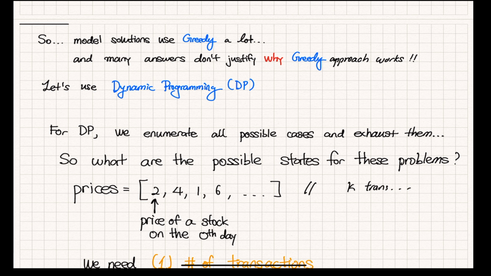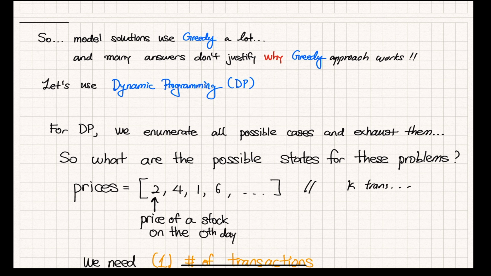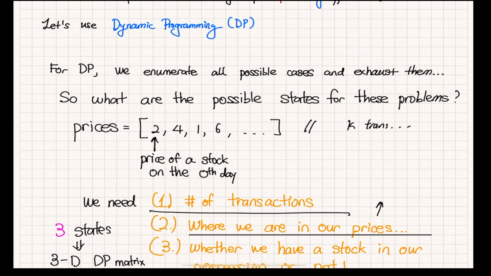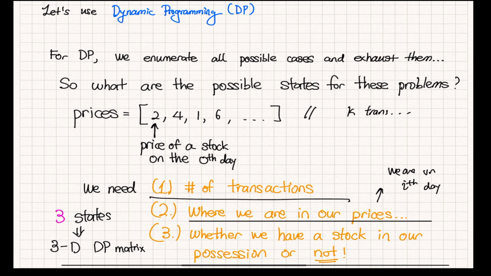And there's one more thing, right? On a given day, you can either buy or sell a stock. So we have 3 states to consider: the number of transactions, and where we are in our price array, meaning we are on, say, day i or day i+1. And the last one is important: whether we have a stock in our position or not.